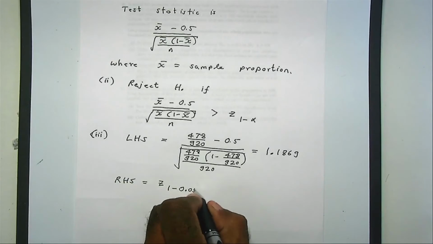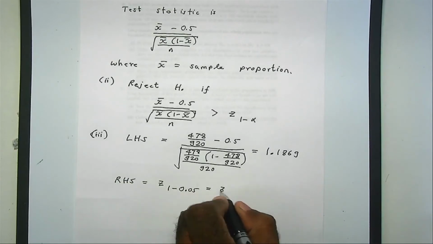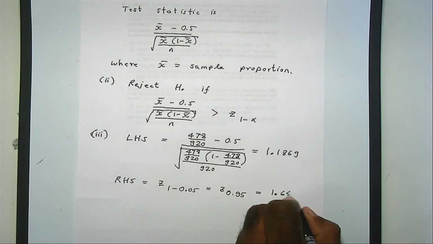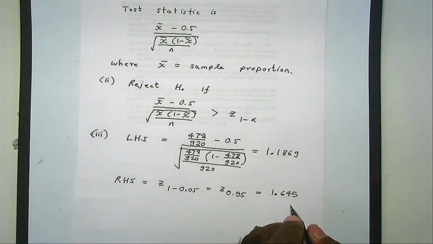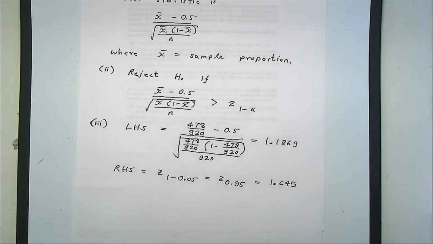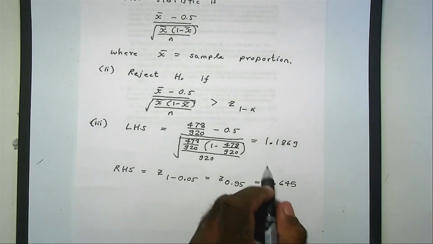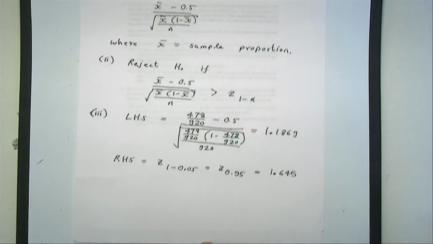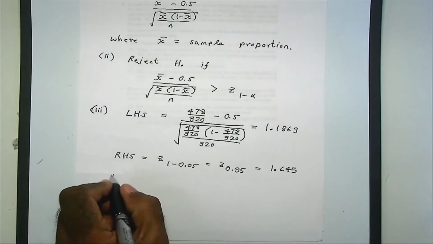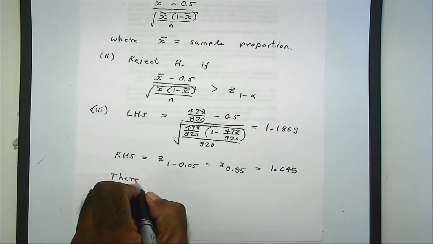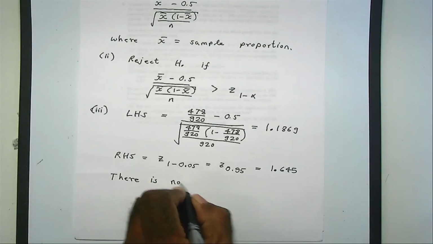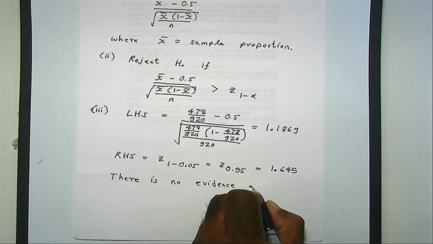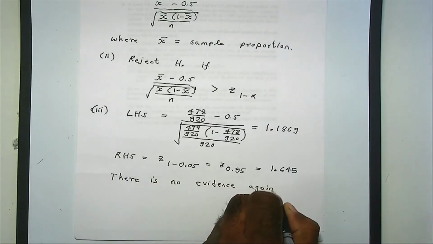And the right-hand side is the percentile of the normal distribution, which is 1 minus 0.05. So z 0.95, and this is 1.64645. Clearly, this is not greater than this. So the conclusion is that there is no evidence against the null hypothesis.